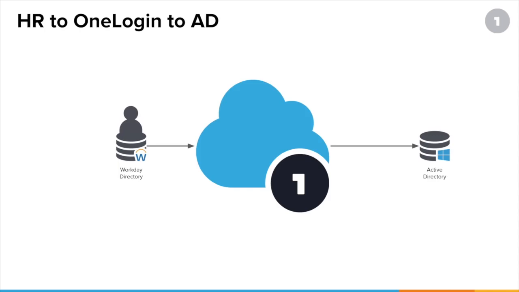Workday is, of course, set up to sync with OneLogin, so the user is replicated over to OneLogin, and then, through, again, some little more complex configuration, I can configure OneLogin to push into a directory, like Active Directory. So, the only manual task here was creating the user originally in Workday. Everything else was automatically managed by OneLogin.